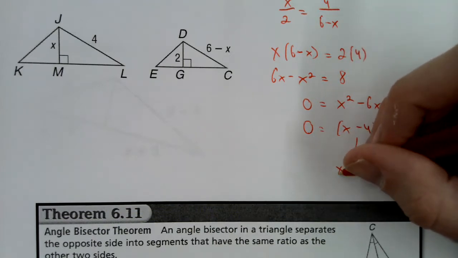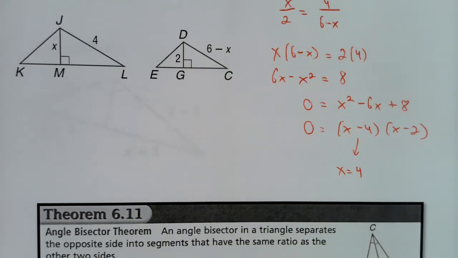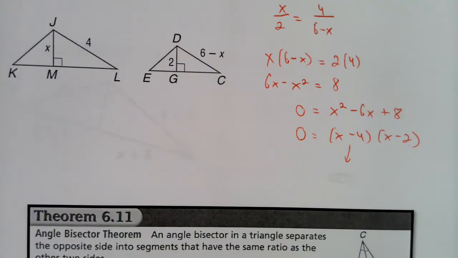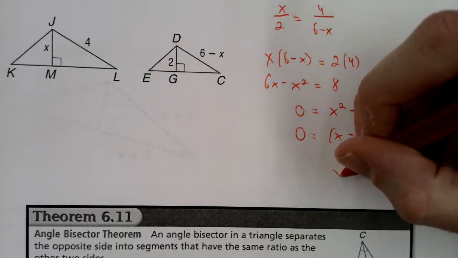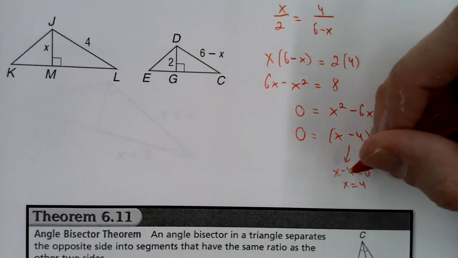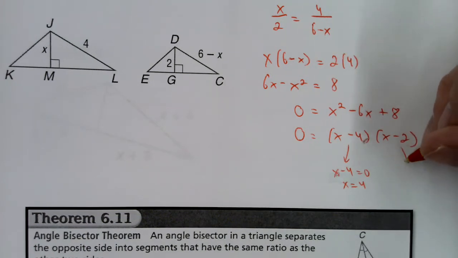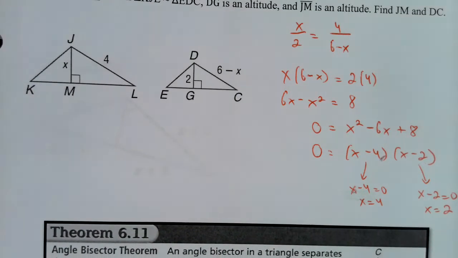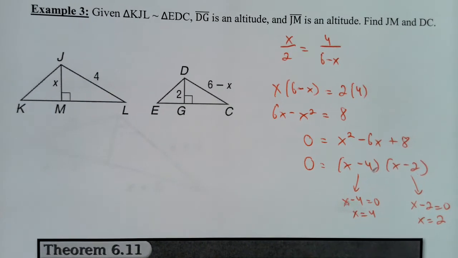Let me do out that work. I don't want to skip any steps. So x minus 4 equals 0. That yields x equals 4. X minus 2 equals 0, and that yields x equals 2. Now, we have to look and see if our answers make sense, okay? Let's see if the answers make sense.